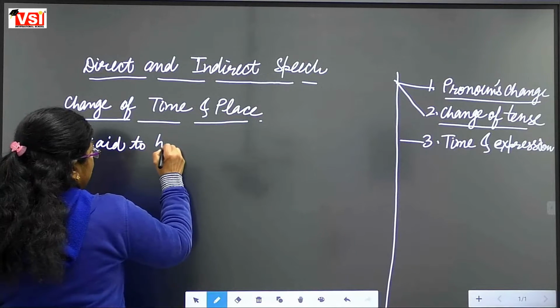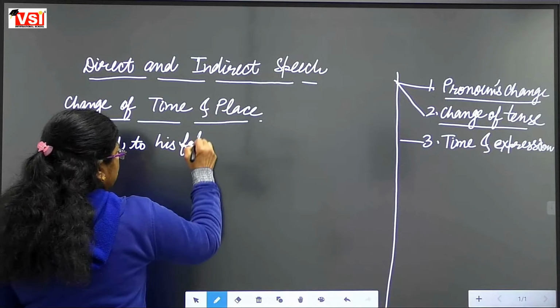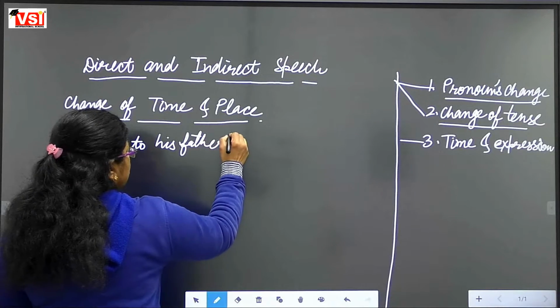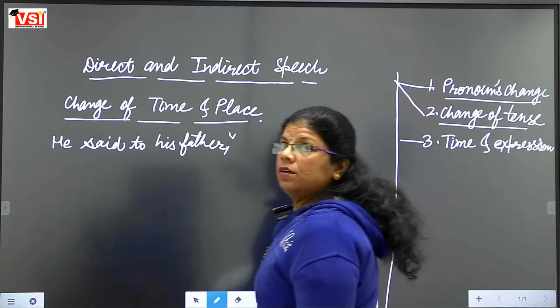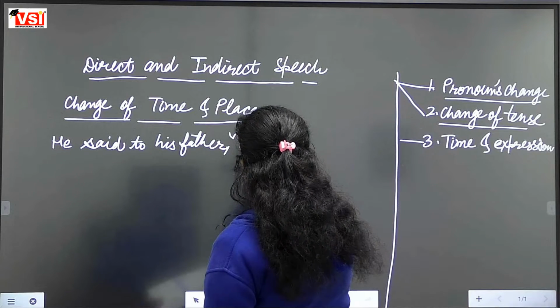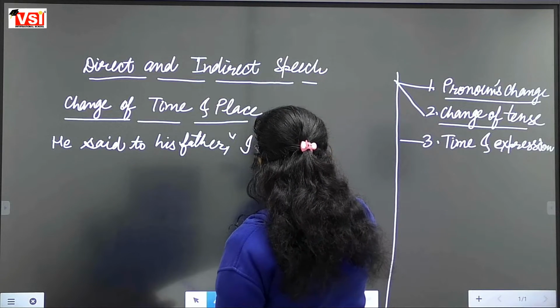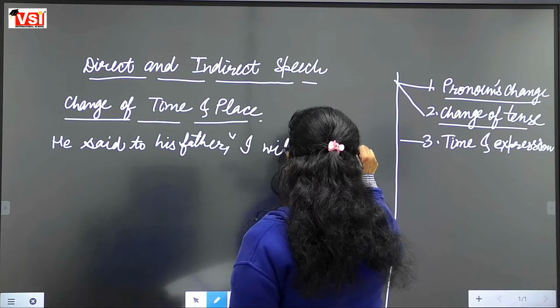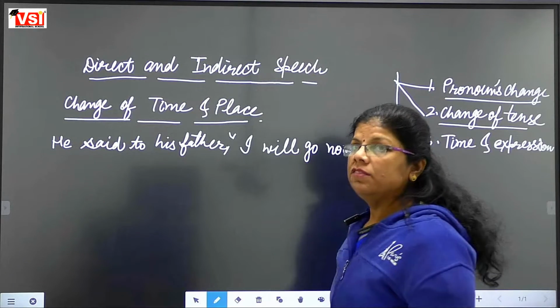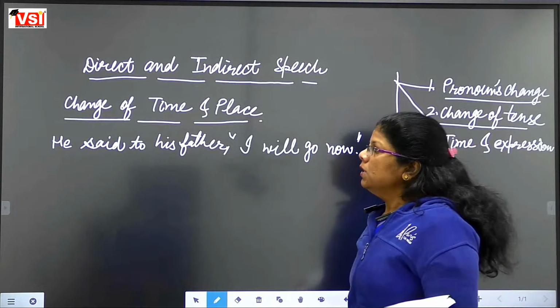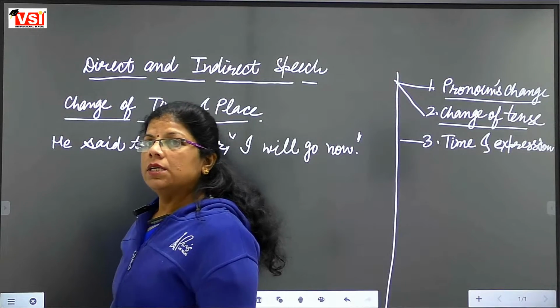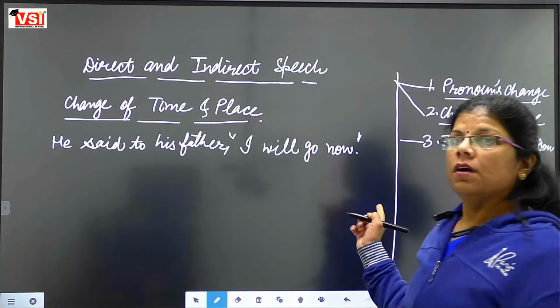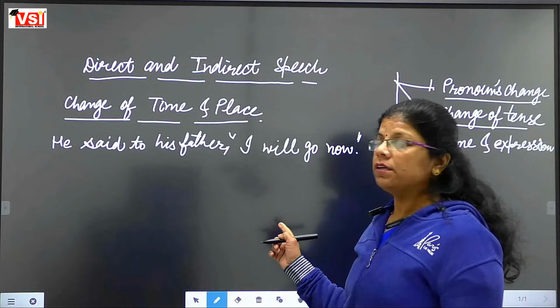He said to his father, I will go now. This is the sentence, I will go now. This is a direct speech sentence. How can we identify that this is a direct speech sentence?